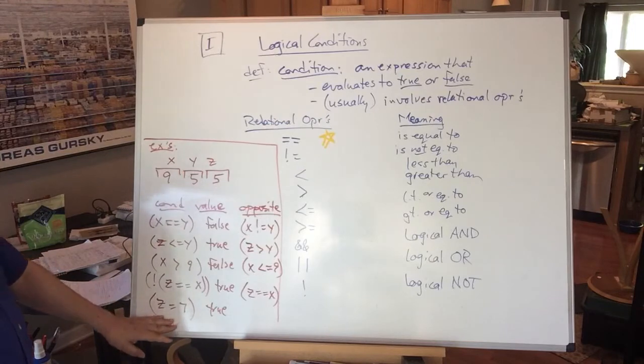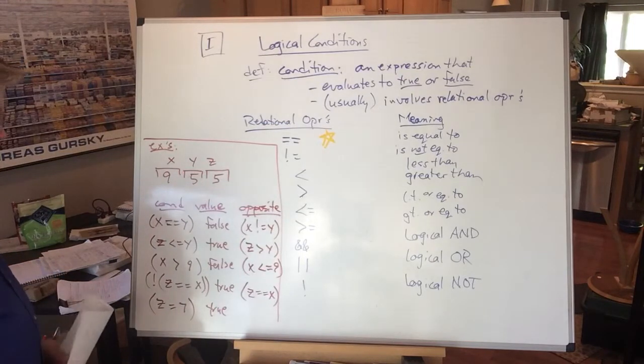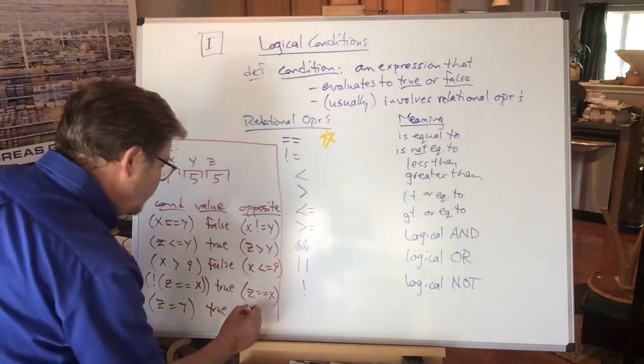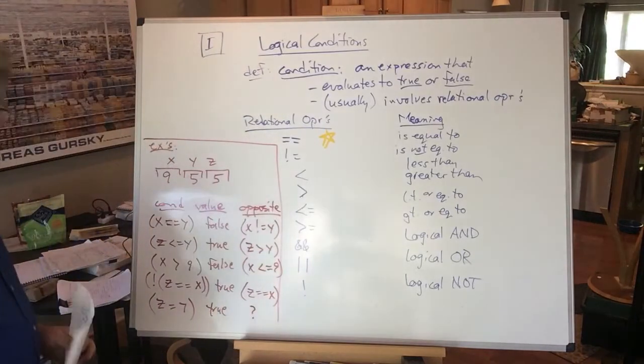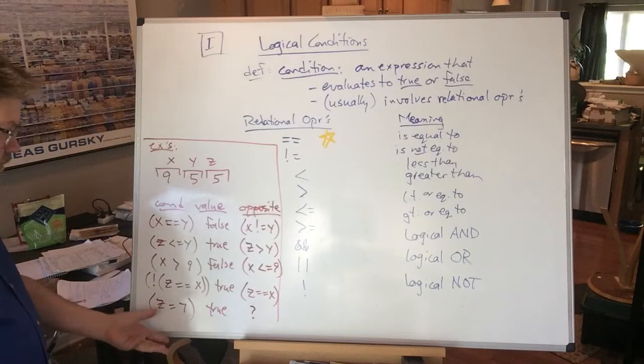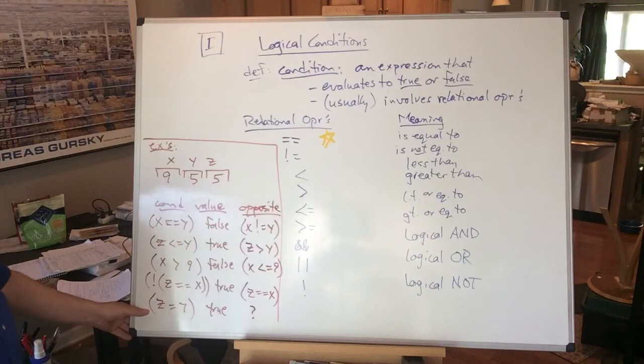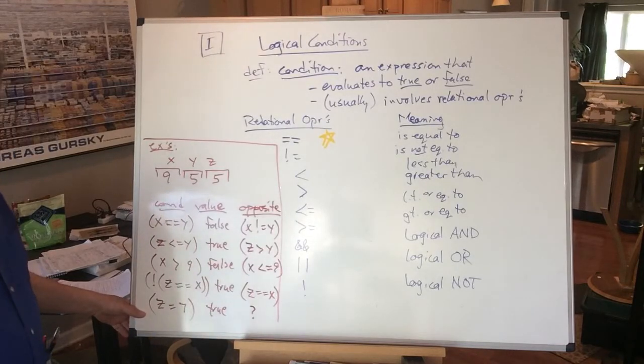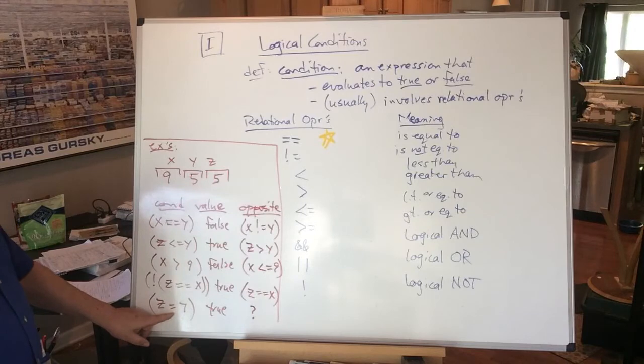That's not true. Well, here's a hint, perhaps. I have no idea what the logical opposite of that is. I guess the logical opposite would have to be false. Except that is not a well-formed condition. It's a good chance that's an accident. That's a typo. That should have been double equals.